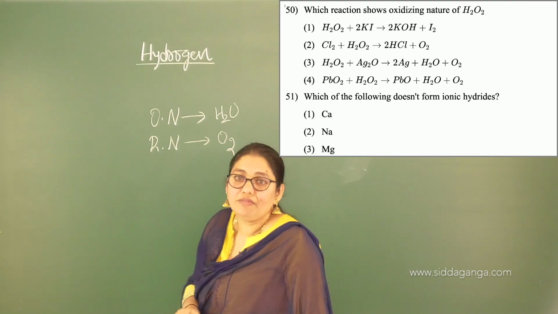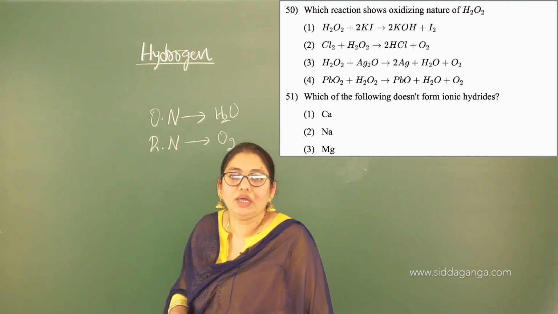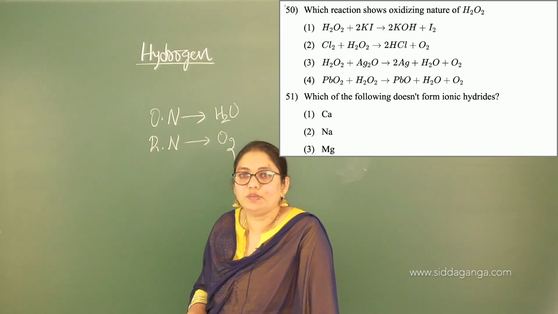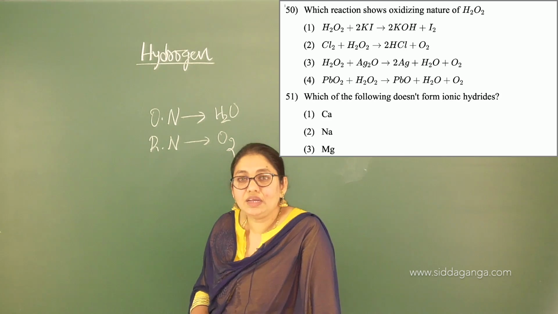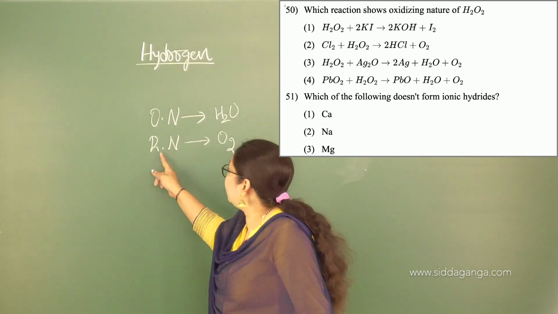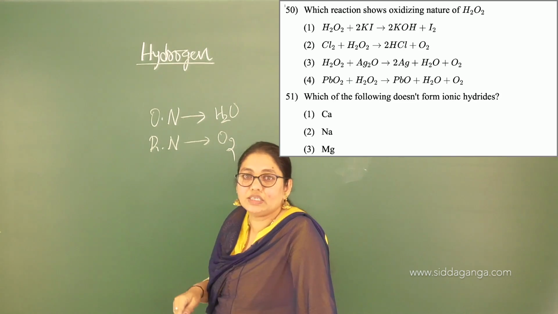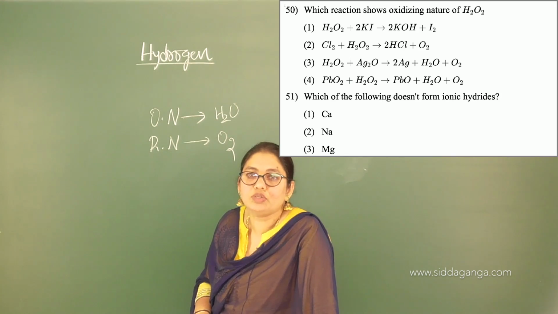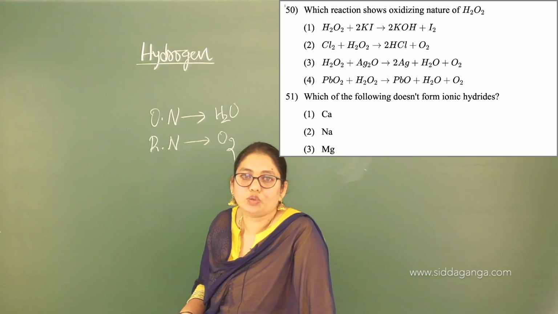If you observe the reactions, options 2, 3, 4 all have the product O2. That is, H2O2 has been converted into O2. All this shows the reducing nature of hydrogen peroxide. The question is with reference to the oxidizing nature. So the first one, H2O2 plus 2KI gives rise to 2KOH plus I2, is the answer for this question.